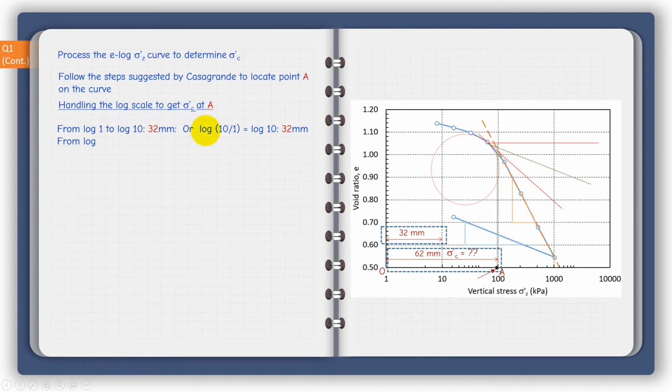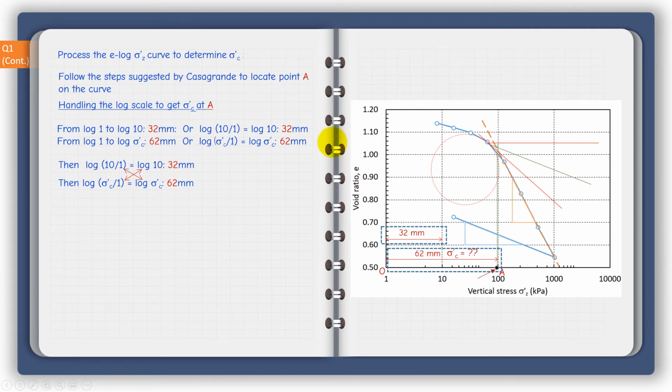We know that the difference in the log can be a ratio. So this is log 10 to 1, or log 10 is 32 millimeter. Exactly the same process we repeated: log sigma dash C, which you are after at point A, because we are measuring from 1, is 62 millimeter. We can rearrange this here.